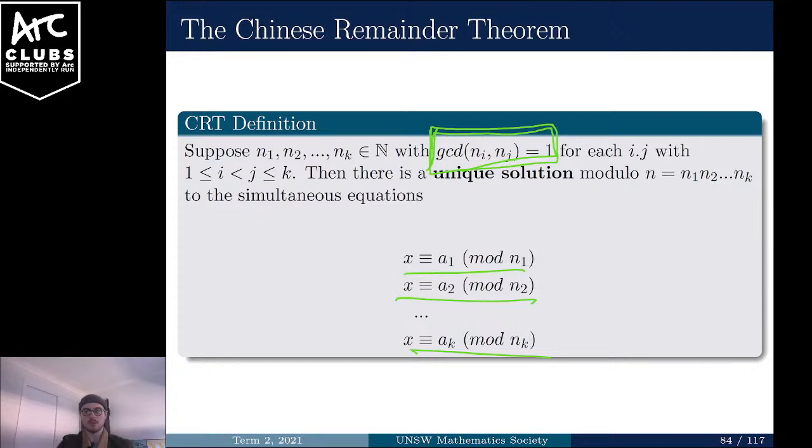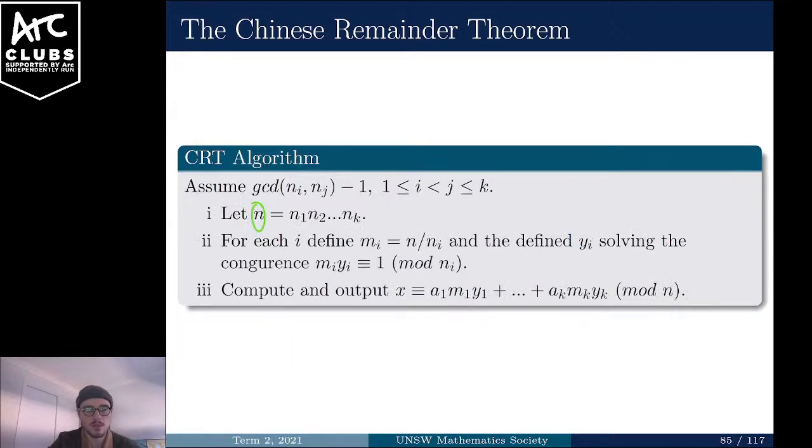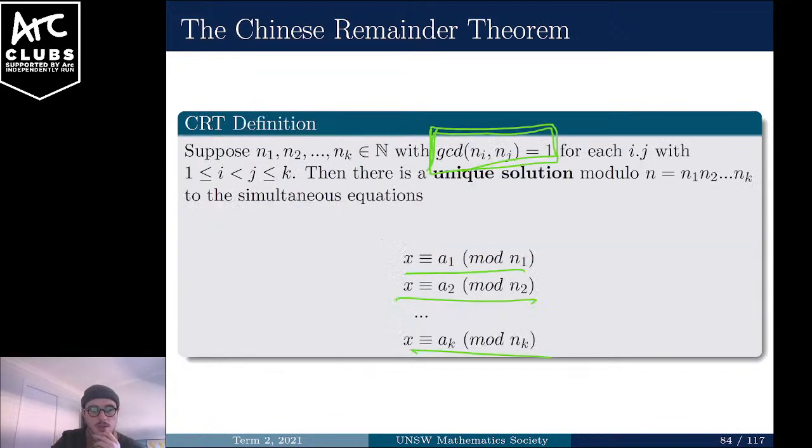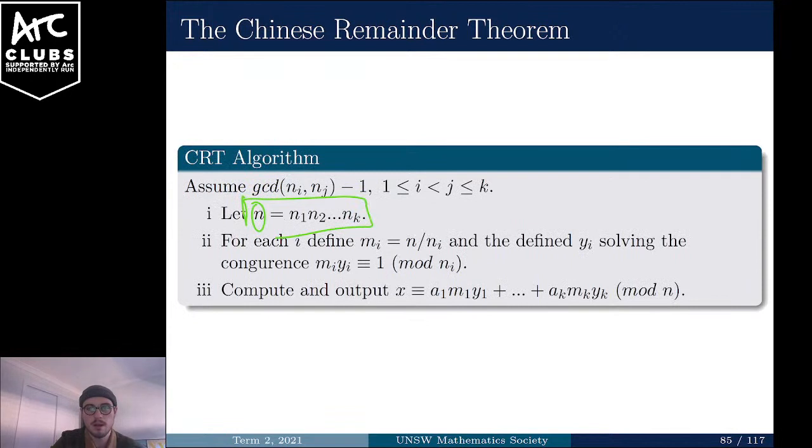So you do this for each i. You define m_i to be n with the modulus corresponding to that one factored out. Then you define y_i by solving the congruence m_i y_i, so this will be n on n_i. You factor out that one, and you solve this congruence.